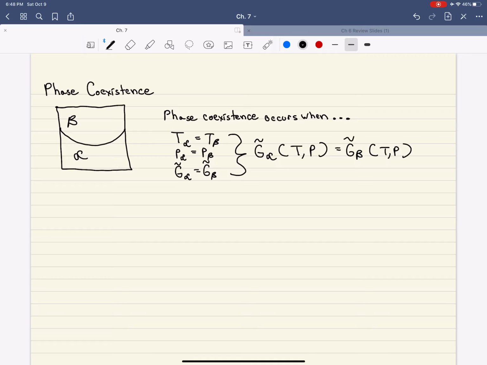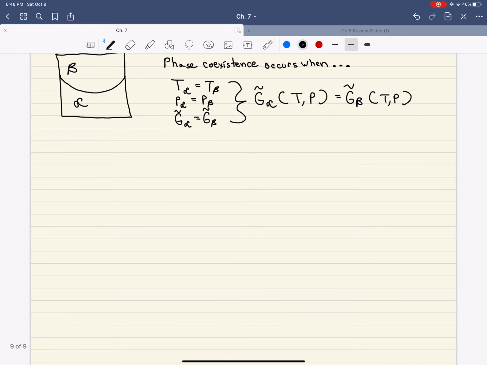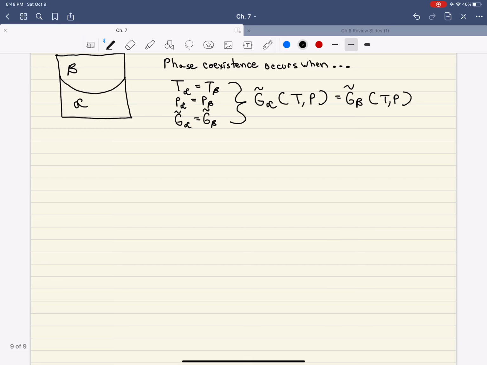If this criterion is satisfied, that's when we find that the chemical can exist in both the alpha and the beta phase. All right, so we did this mathematically, but let's try and visualize what's going on.